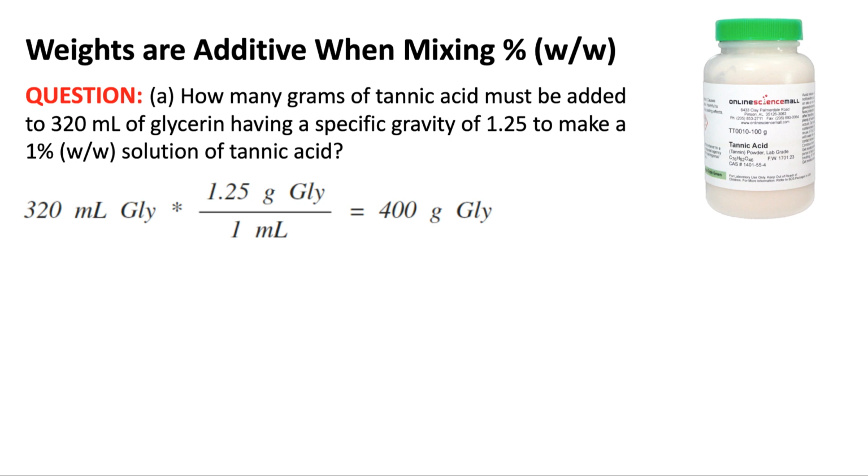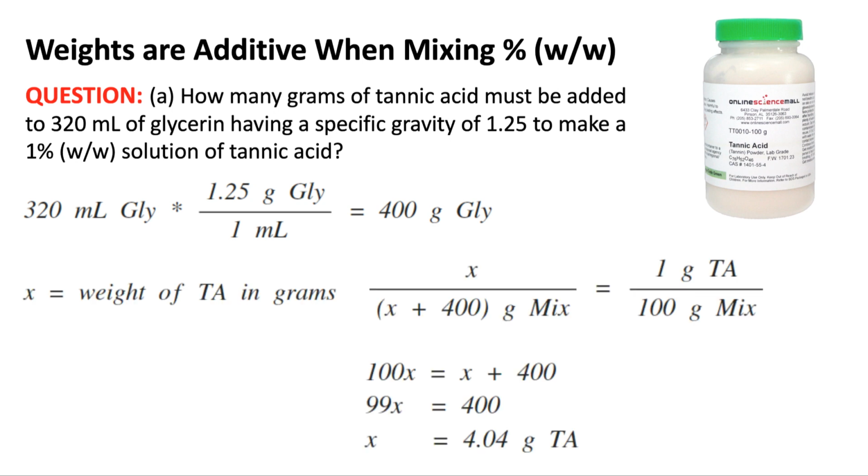So what's important here going forward, and this is going to be kind of a little mind reading here, let's start on the left-hand side. What we do not know is the amount of tannic acid to add, so we're going to set that equal to X. X equals the weight in grams of the tannic acid, all right? So let's set up a proportion, because a percent weight per weight, essentially, is the amount of our drug per 100 grams.